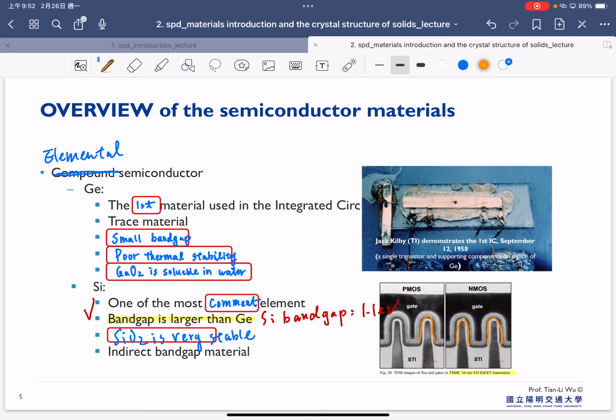Of course, it can be a combination of several advanced dielectrics, but silicon dioxide is still the one that is pretty often used in current technologies.